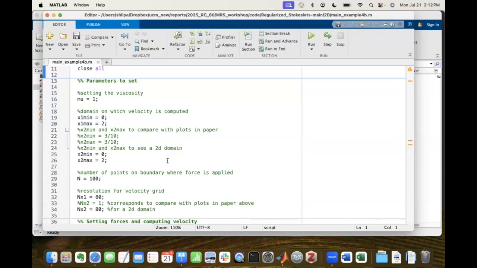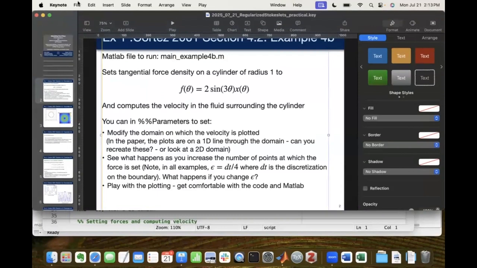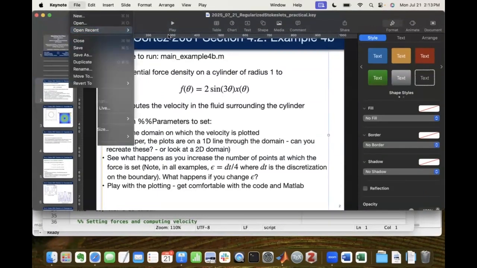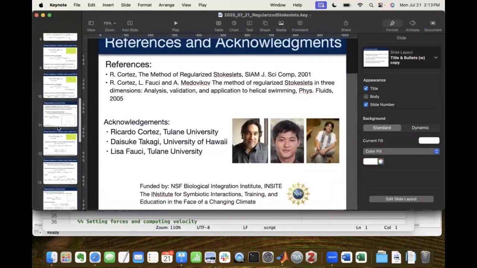In the slides, if we go back and look, it looks like my Zoom stuff is in the way. Let me open it.